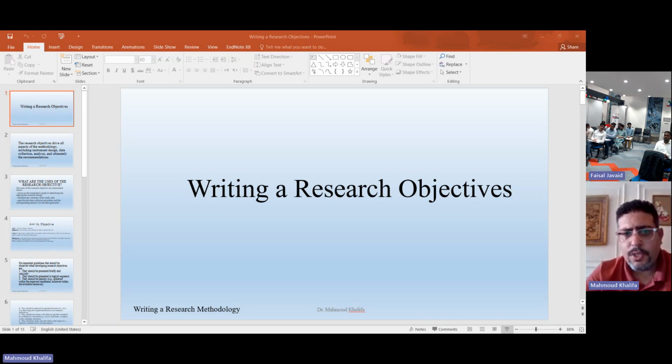So a weak objective is like collect rating of the organization on a variety of factors. First, use verbs that are measurable, like assess, not collect. Okay. So the verbs must be measurable. I can measure it. Don't use non-measurable verbs.